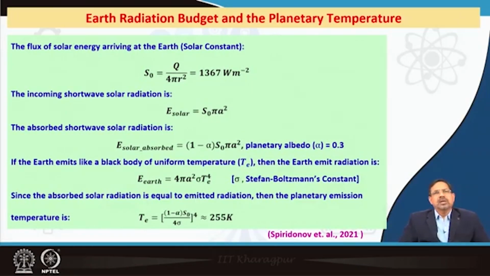The absorbed shortwave solar radiation is expressed by E solar absorbed equals 1 minus alpha, times S0 pi A square. This alpha term we know as the planetary albedo. So, what is this alpha term, the planetary albedo? By default, many times we take it as 0.3.